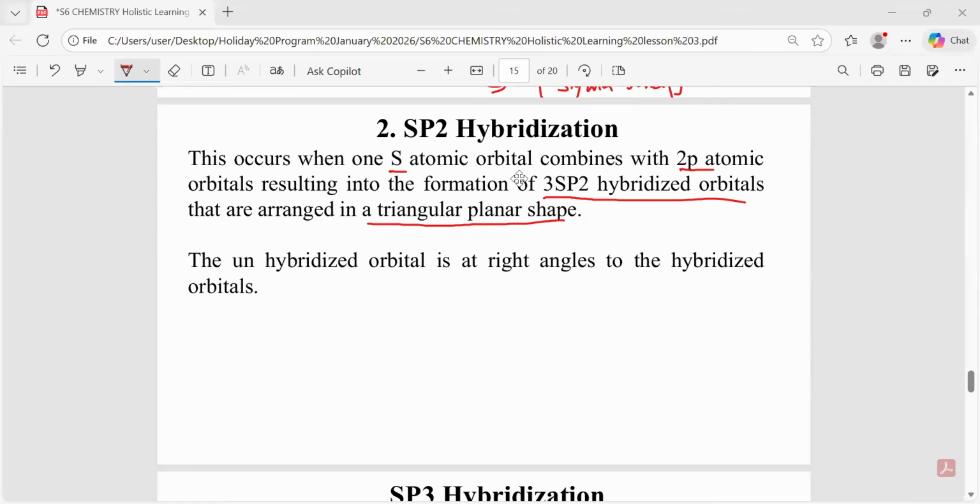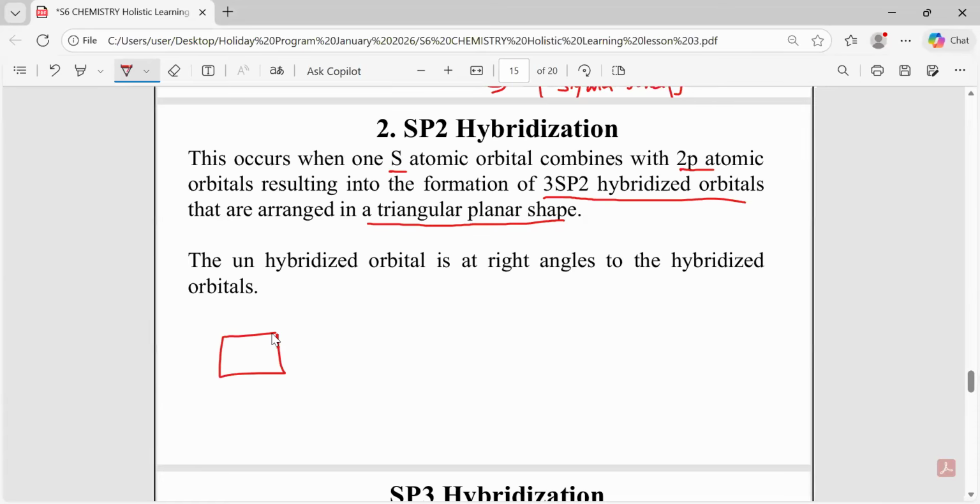So here you're telling us that it is 1 s, now it is 1 electron for s, which is combining with 2 p. You recall this p, okay, let's put the excited state. The excited state of carbon is like that, isn't it?